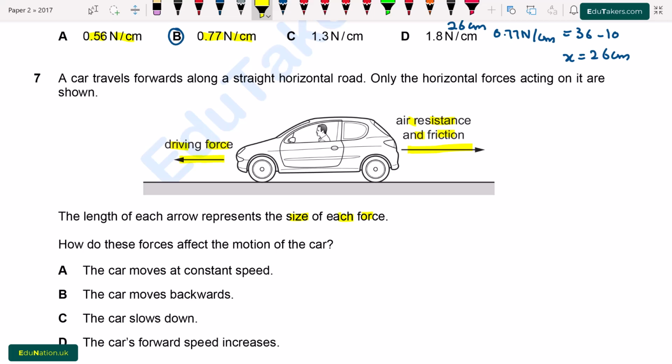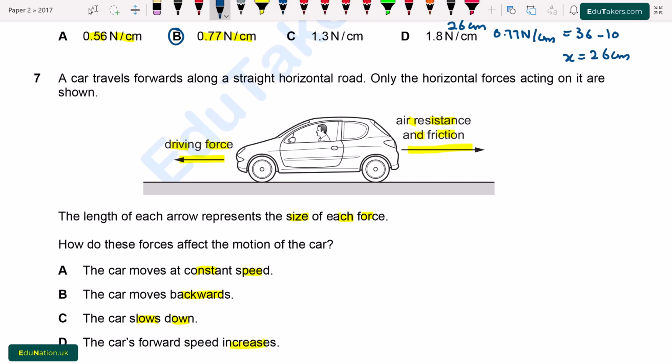How do these forces affect the motion of the car? Option A. The car moves at constant speed. B. The car moves backwards. C. The car slows down. D. The car's forward speed increases.